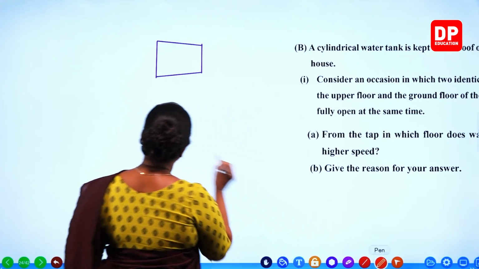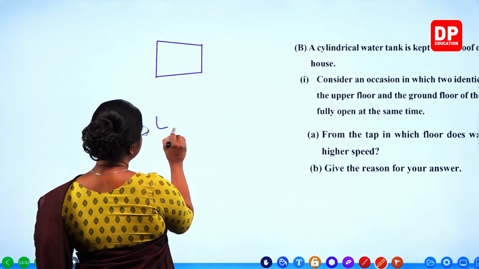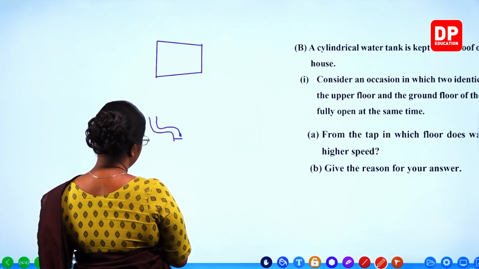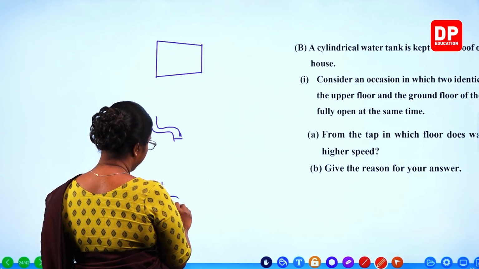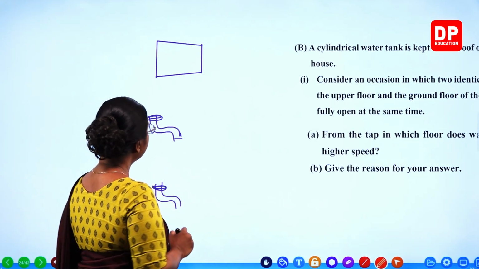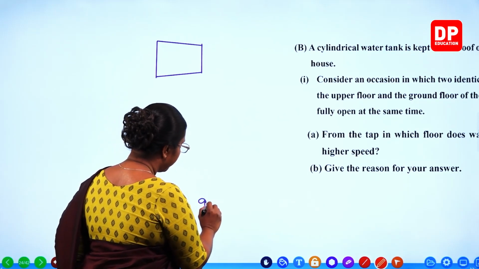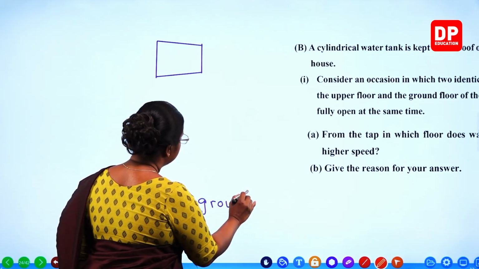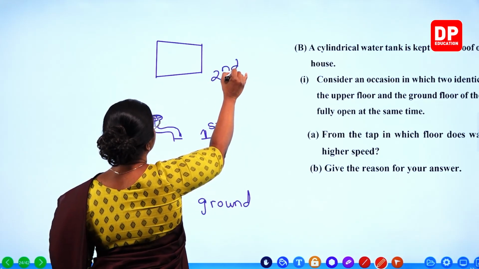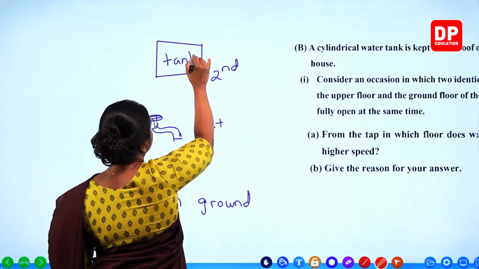Then there is a tap in the 1st floor of the house, and also we have a tap on the 2nd floor of the house. So there are 2 taps. So this is the ground floor. Then this is the 1st story, and that is the 2nd story where you have the tank.